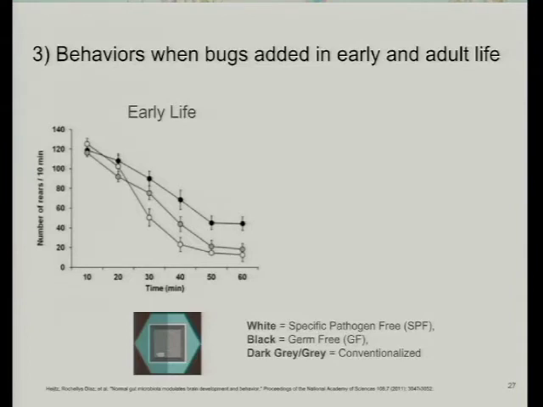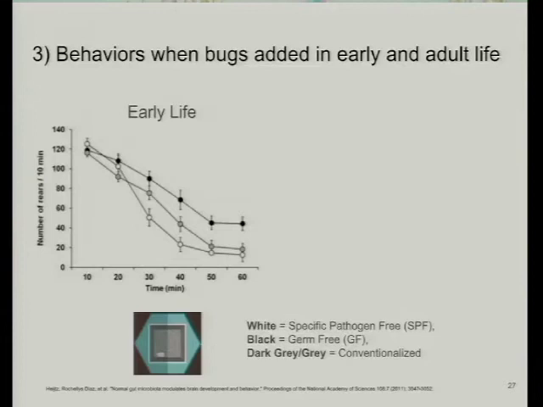They did it in early life and also in adult life. What I have here are the results from when they did it in early life. So they had mice grow up to a certain age in early life, and then they recolonized them to be specific pathogen-free.